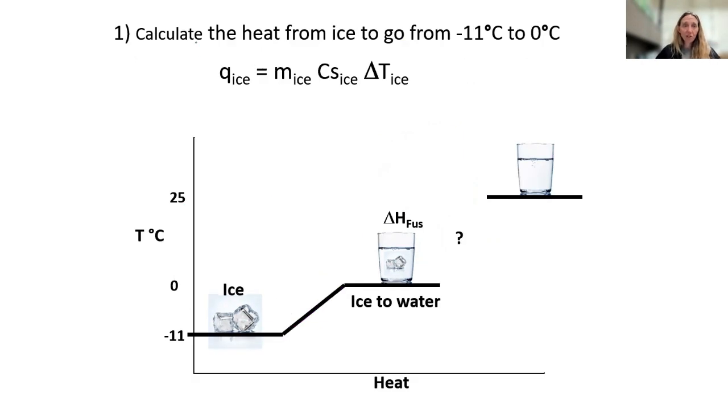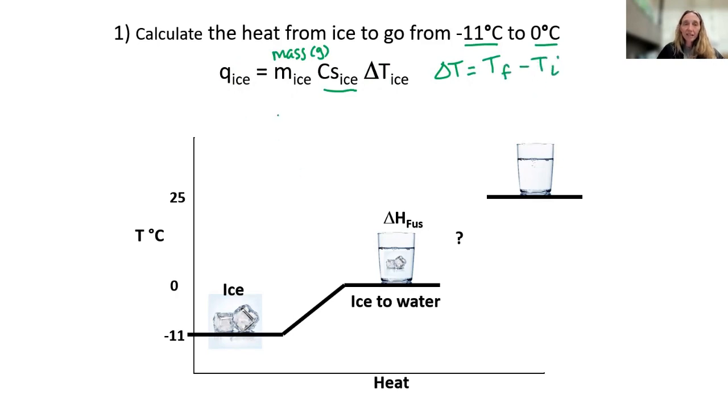Okay, so the first thing we're going to do is calculate the heat for the ice, and that's the heat needed to go from negative 11 degrees Celsius to 0 degrees Celsius. Now remember this general heat equation: Q, the amount of heat, equals m, the mass of the ice, in grams, times Cs, the specific heat of ice, times delta T. And remember, whenever we're talking about changes or delta T's in chemistry, we're always going to do T final minus T initial.